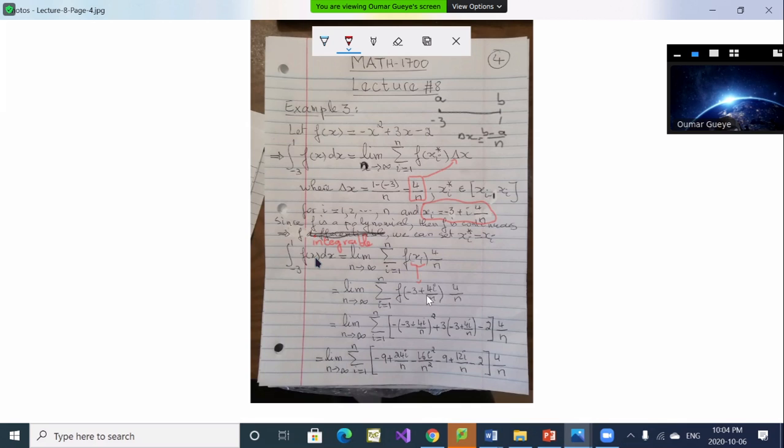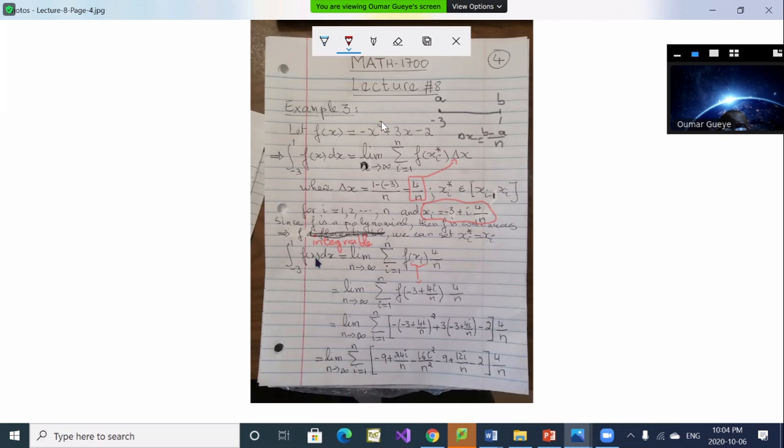So next step, I'm going to calculate the value taken by f at -3 plus 4i over n. And to do so, I have to use the formula or the equation of f. And guys, you know, when you want to calculate f at 100, you substitute here x by 100. Now I'm calculating f at -3 plus 4i over n.